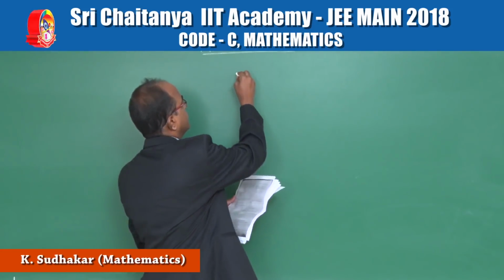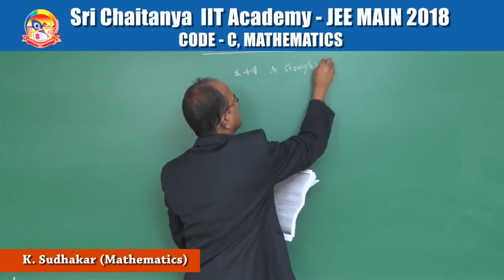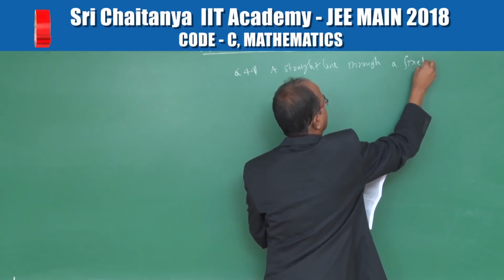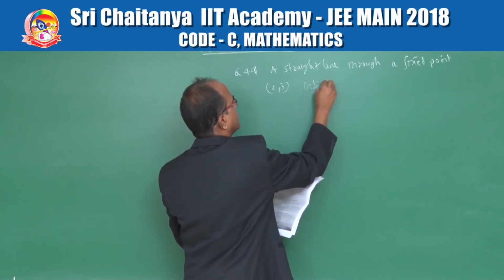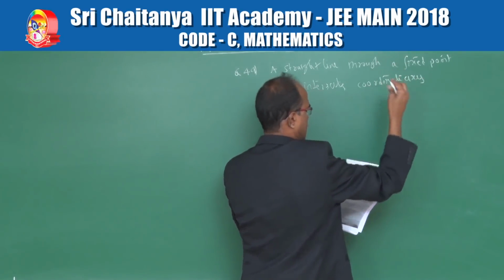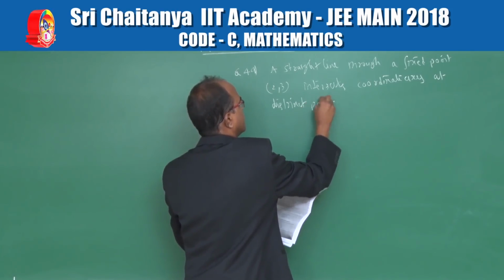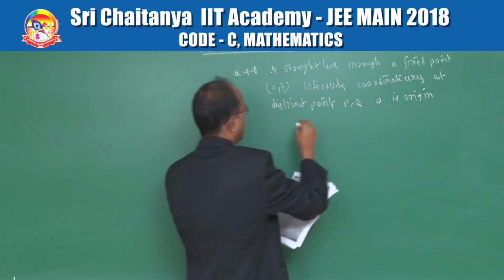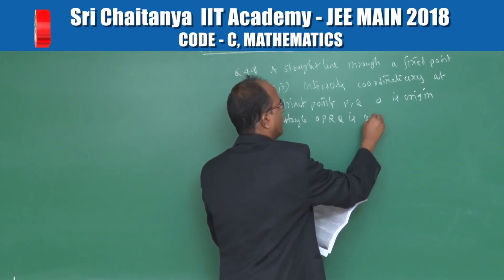Question 49. So a straight line through a fixed point 2, 3 intersects coordinate axis at distinct points P, Q. O is origin and rectangle O, P, R, Q is completed.